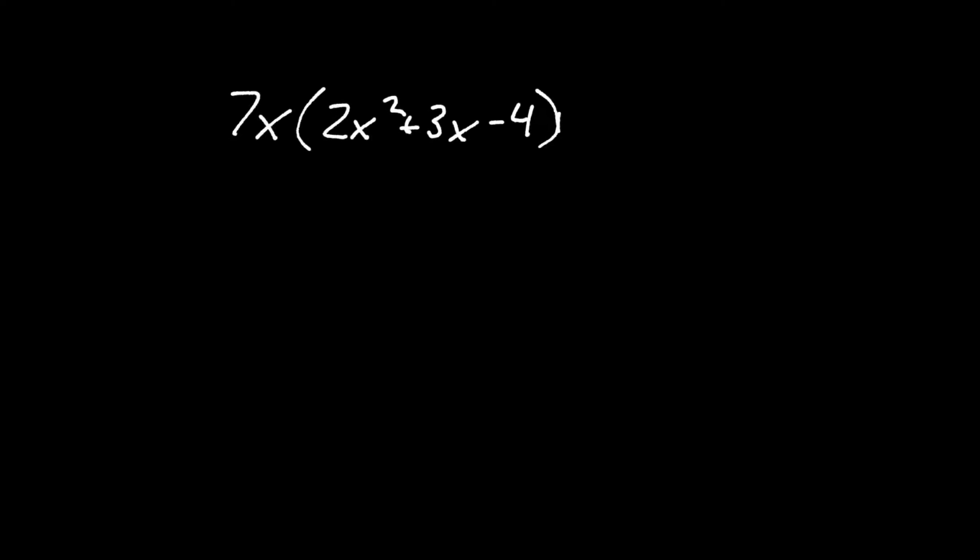And the way I like to do this is by showing little arches for our multiplication. Because in order to multiply 7x by all of this, 7x has to multiply by each individual term, which I'm going to underline here. So one term is 2x squared, another term is 3x, and the last term is a minus 4. And this 7x needs to multiply each term. So we break it up into 3 separate pieces, and we work on it that way.